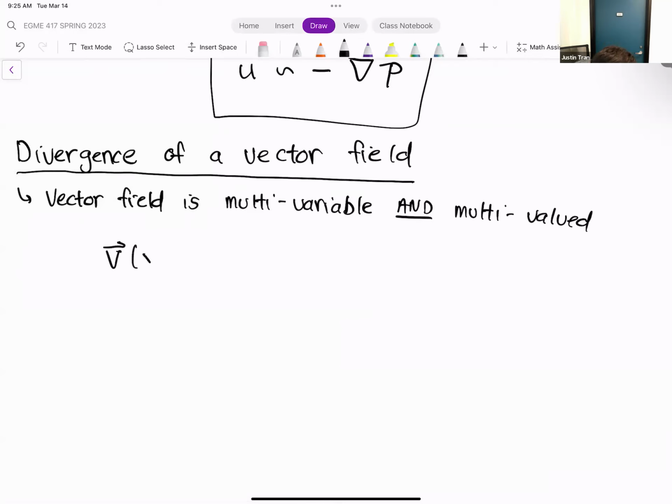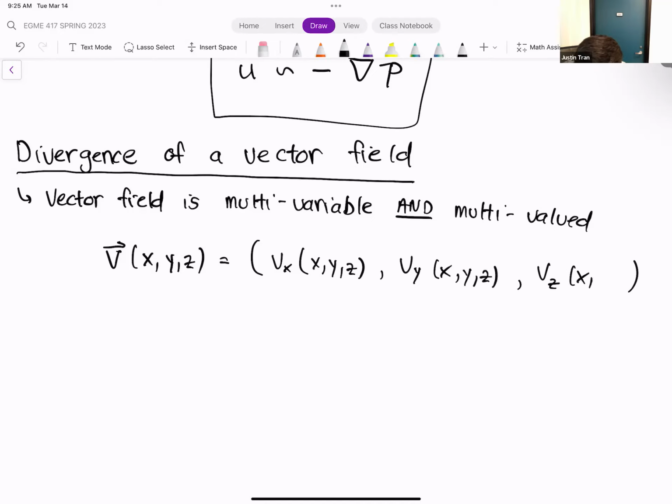So this vector V is going to be a function of X, Y, and Z. The way that we usually represent this is we have our 3 components, Vx, Vy, Vz, and each of these components is a function of X, Y, and Z. So Vx of X, Y, Z, Vy of X, Y, Z, Vz of X, Y, Z.